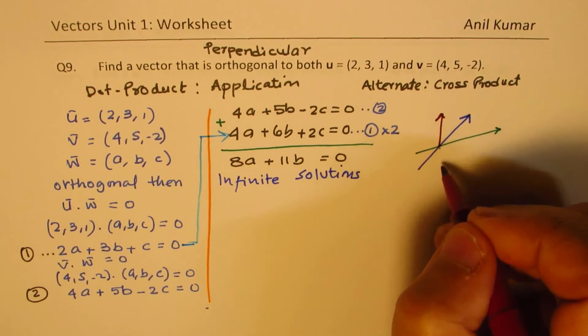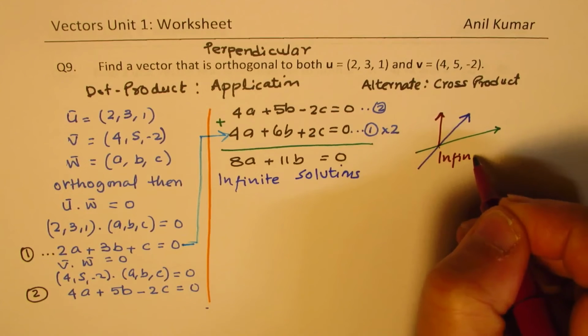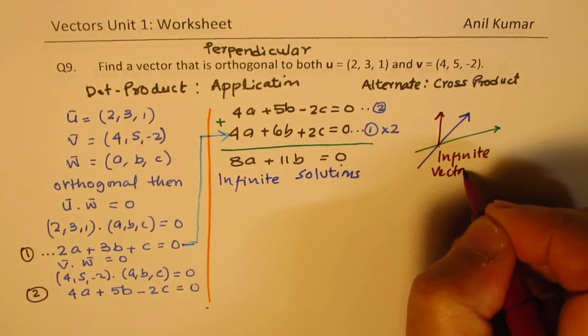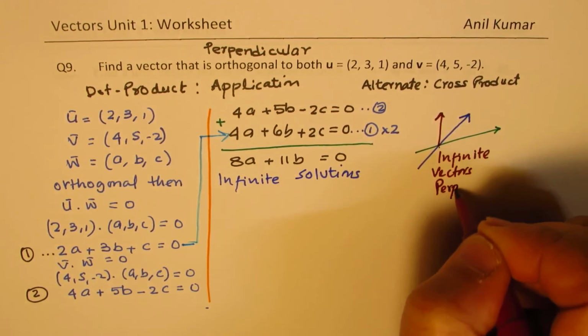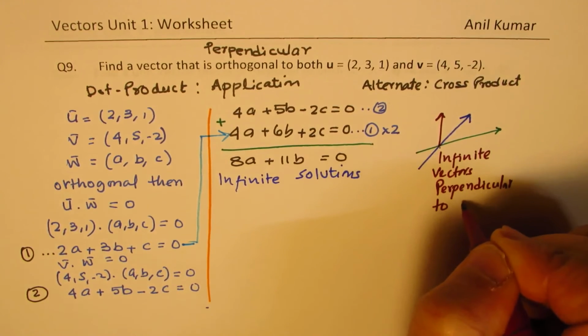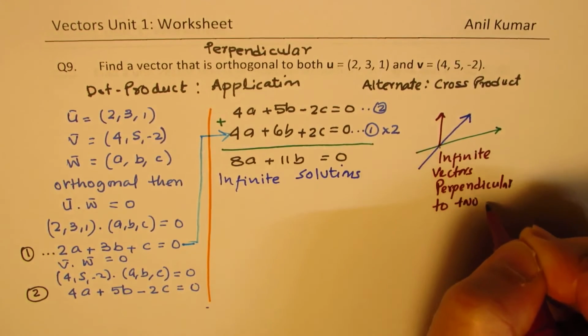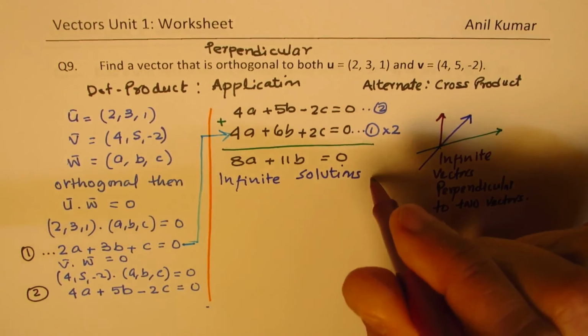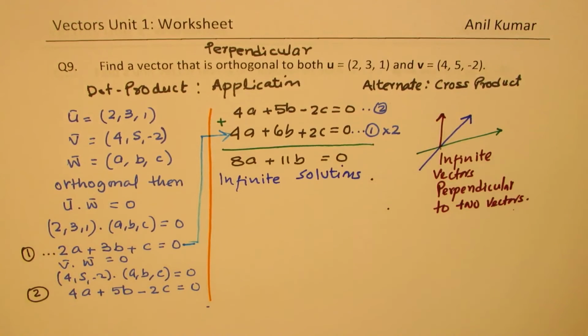So we say we have infinite vectors perpendicular to two vectors, right? Since on this plane every vector like this will be perpendicular and all are solutions. So we have a parametric solution here, right? So we call this a parametric solution.